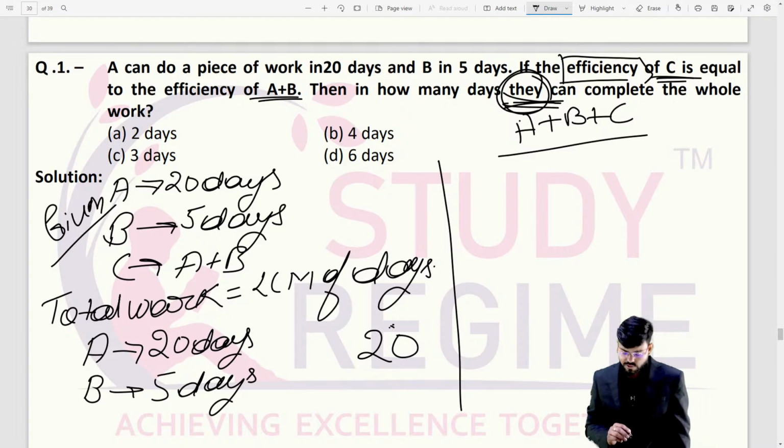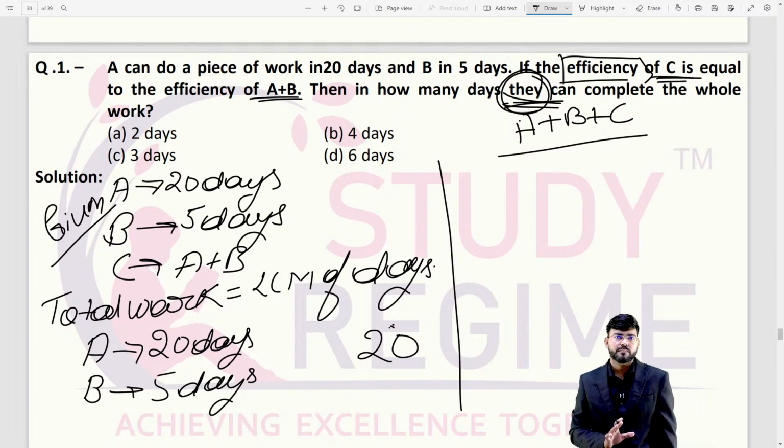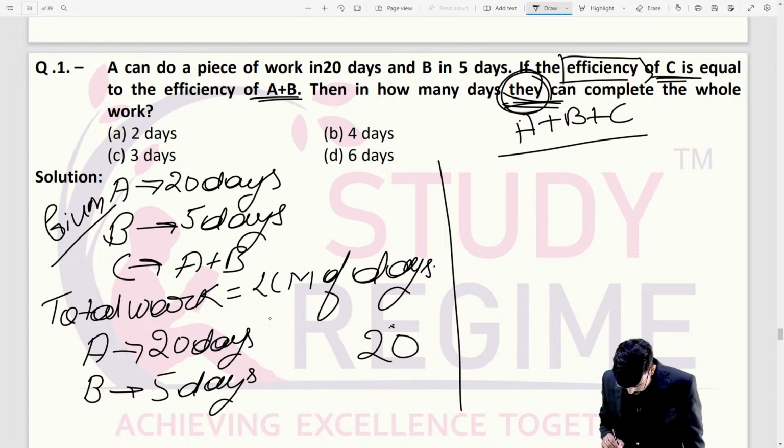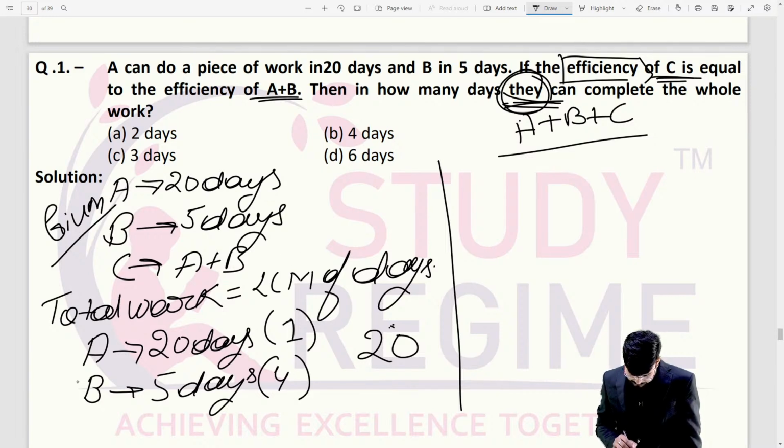Since A completes the total work in 20 days, he is doing 1 unit of work in 1 day, and B does 4 units of work, which is why he completes that work in 5 days.